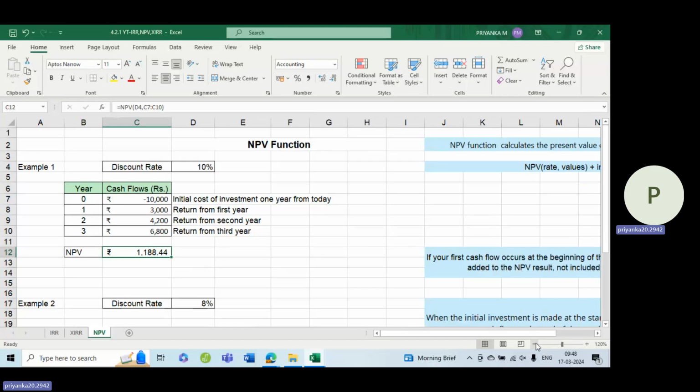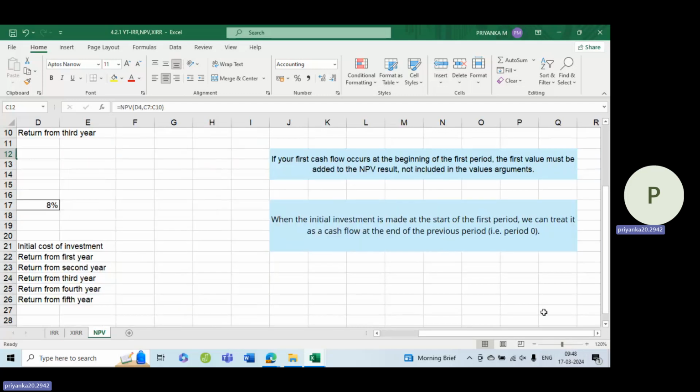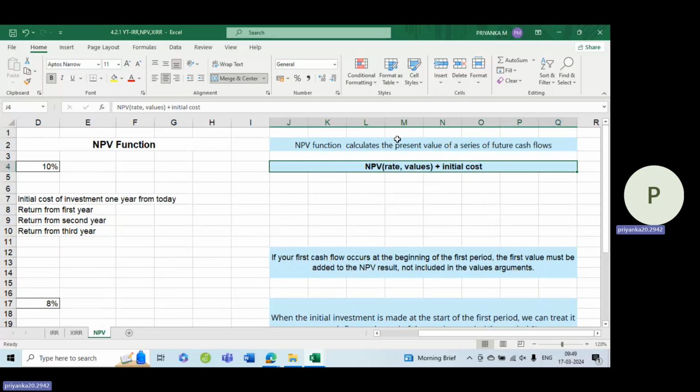Now, let us say if your initial cost of investment is at the beginning of the year, then we have to change the formula again. If they are saying a person is investing at the beginning of the year, then this is the formula, which is equal to net present value of rate comma values, the same as your NPV function, plus you'll be including your initial cost.